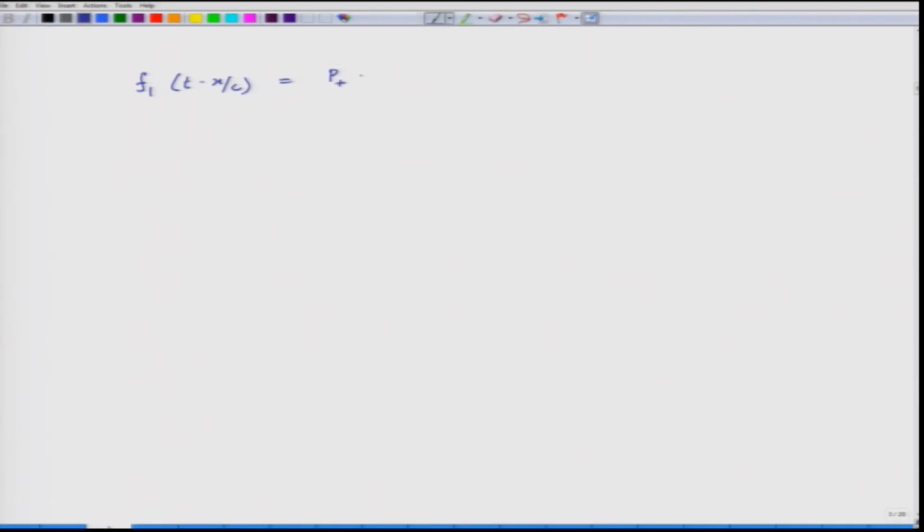So, it is p plus times e to the minus s x over c times e to the s t, and it actually is a valid form of f1, because I can rearrange these things and say that this is equal to p plus e to the s times t minus x over c. Similarly, f2 is a function of t plus x over c. So, this is equal to p minus e to the s times t plus x over c.